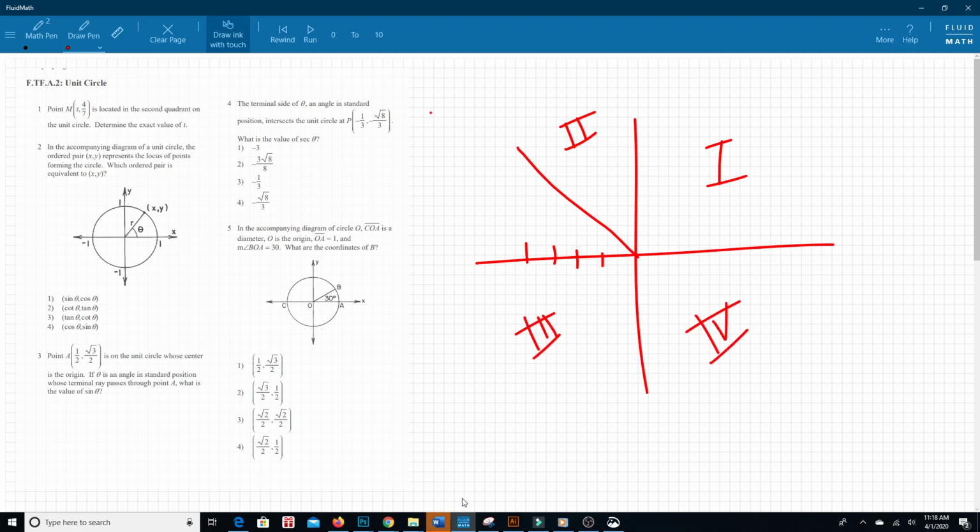He's telling me that the point for y is 4/7, right? They want to be able to find what t is, which essentially would be the x value right here. So it's 4/7. 1, 2, 3, 4, 5, 6, 7, and 4.